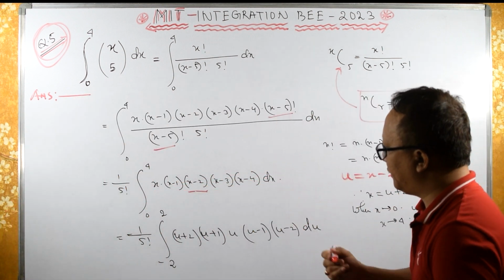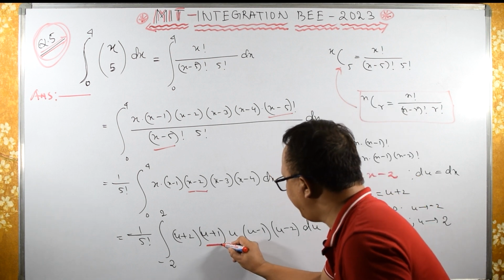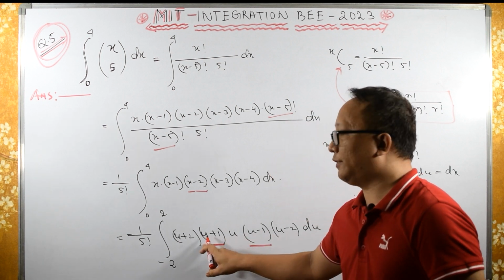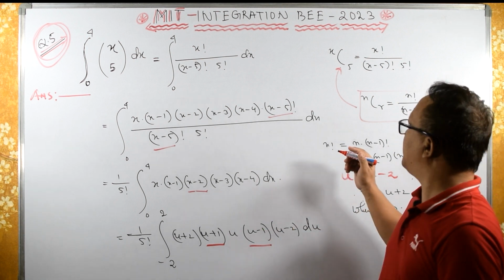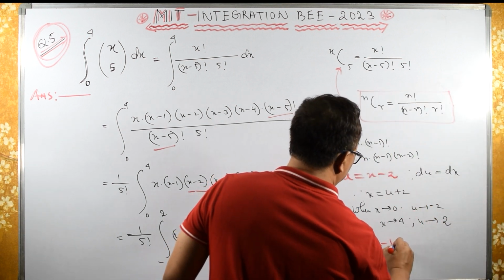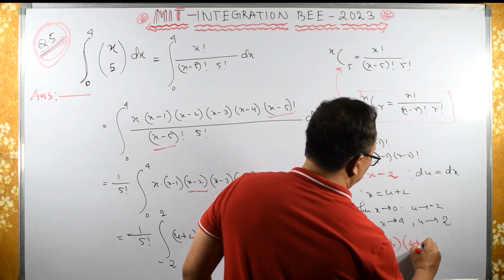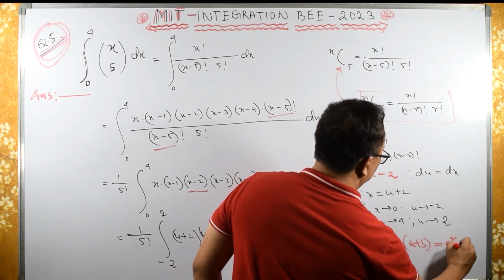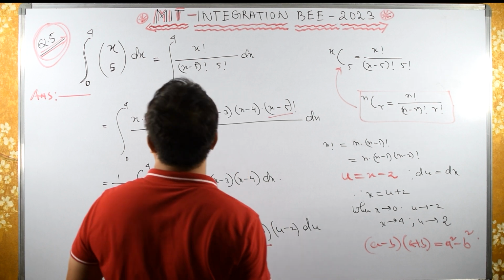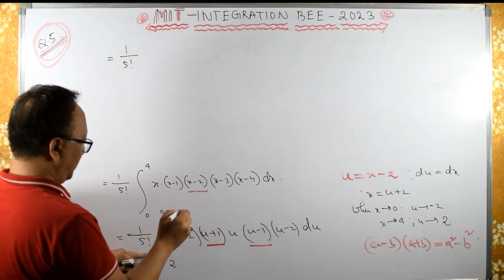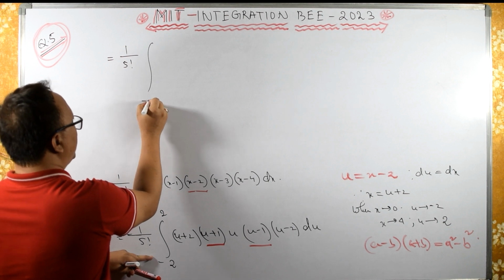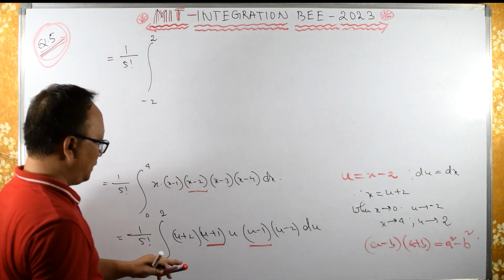Now look here. We have u plus 1 and u minus 1. It is of the form a minus b into a plus b, which is a square minus b square. So it is 1 by 5 factorial, integral from minus 2 to 2.